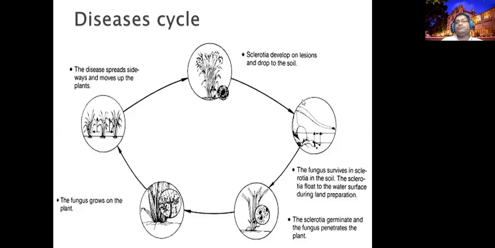If you're taking the disease cycle, normally the primary inoculum will be the sclerotia. If irrigation water or rain water is there, or if your field gets flooded, in very humid conditions, or dry in the daytime at 28 to 30 in the hot season, the humid and hot season and the presence of water favor the formation of mycelia or germination of this sclerotia.